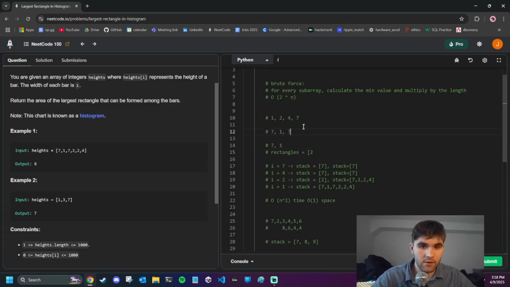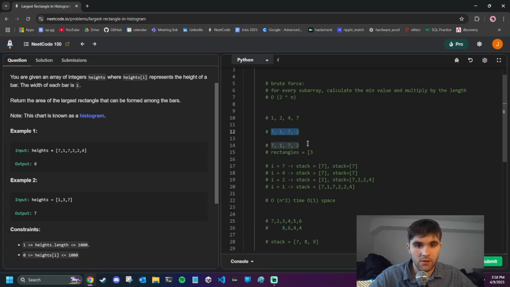Then we add 7. That, of course, is its own rectangle. A horizontal between all 3 is of size 3. Then when we add 2, that's another vertical rectangle of size 2.